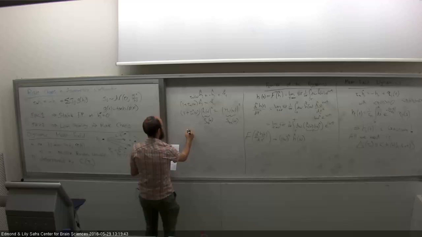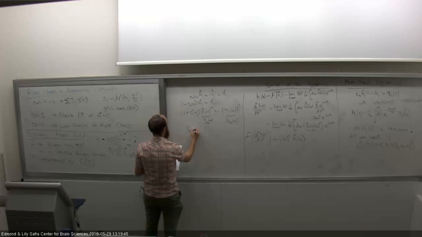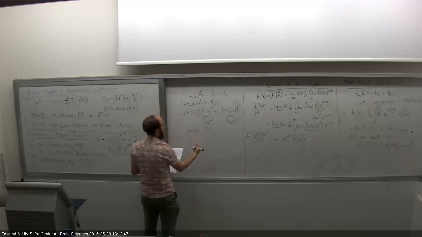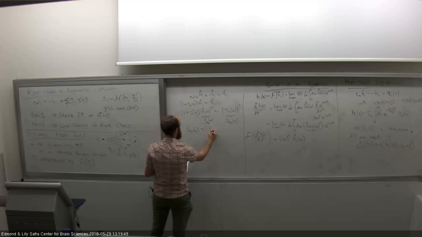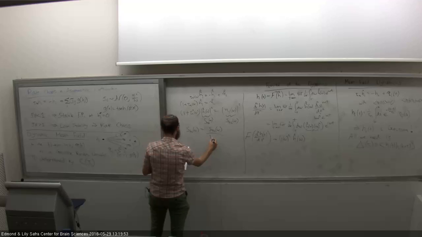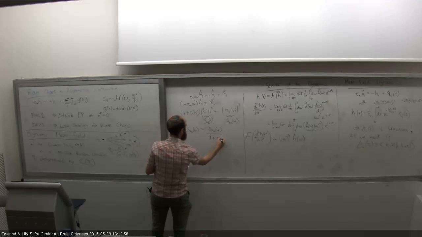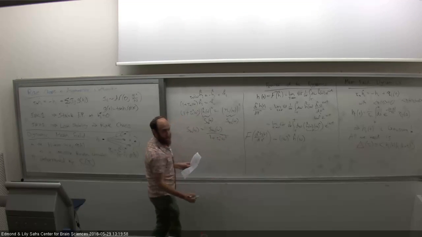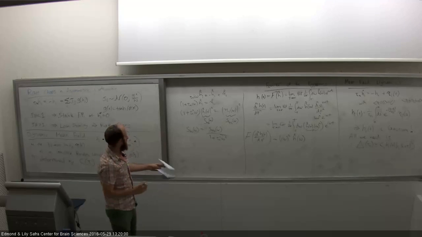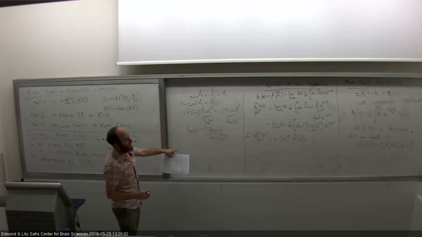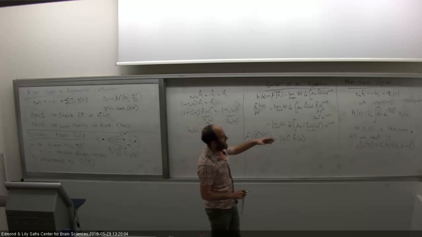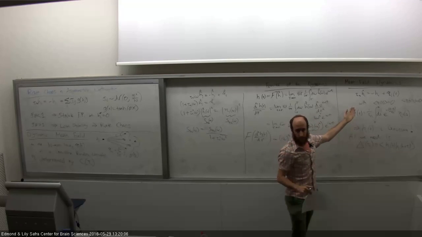So, for example, we can write that the power spectral density of our neuron is the power spectral density of its input, the noise, divided by 1 plus tau h squared omega squared. And this is the result that gives this linear equation the name of a low-pass filter.